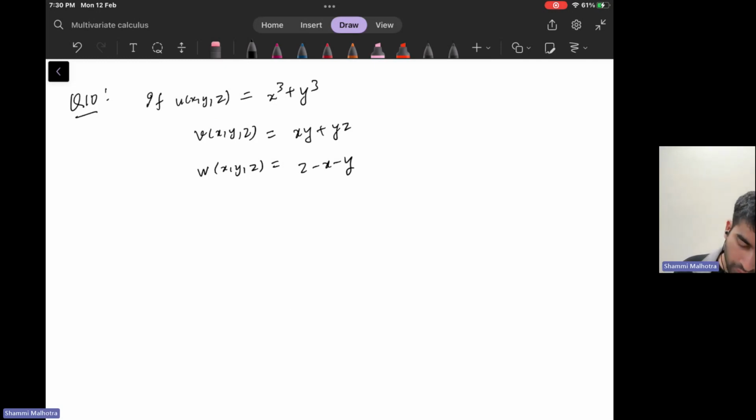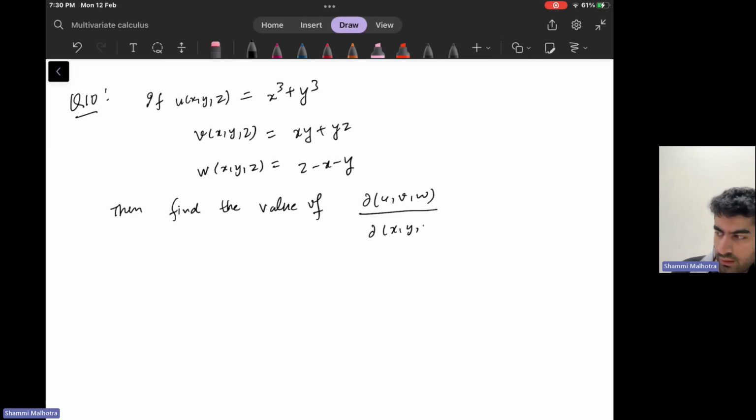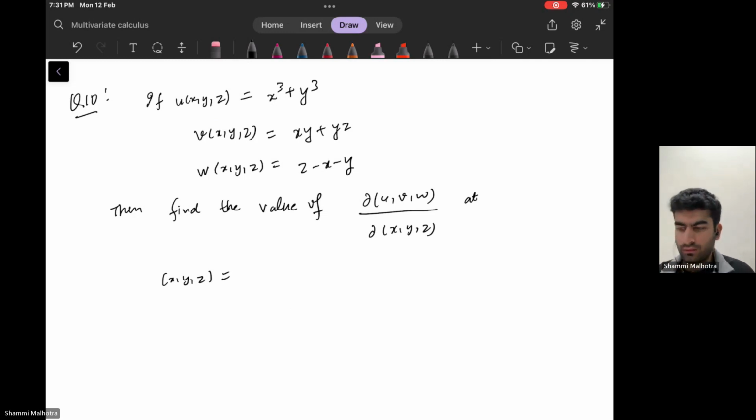Then we have to find the value of del u v w over del x y z at the point 1, 1, 1.